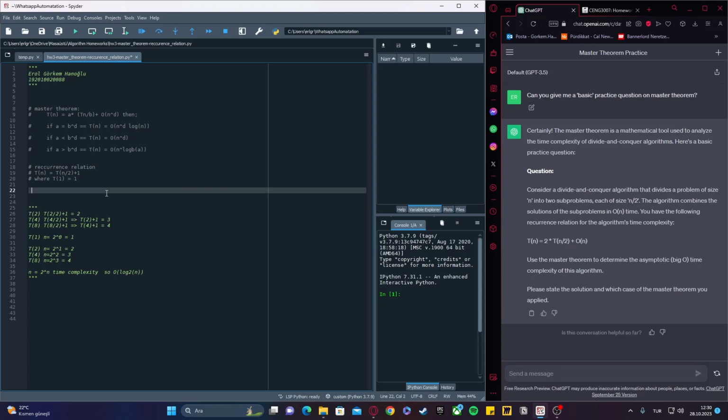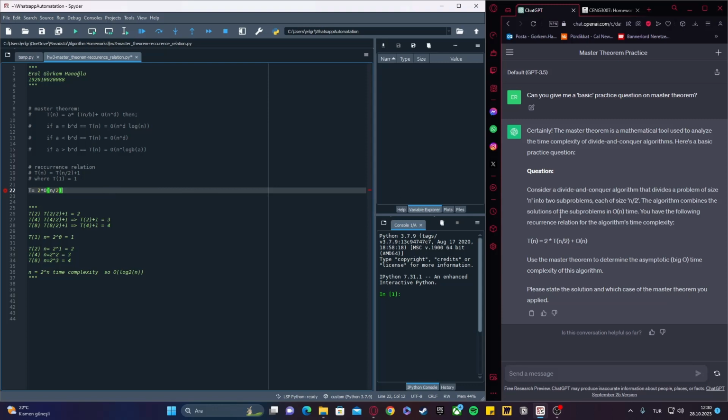Okay, we can write it like n divided by 2, problem size n into two subproblems, and two subproblems here.